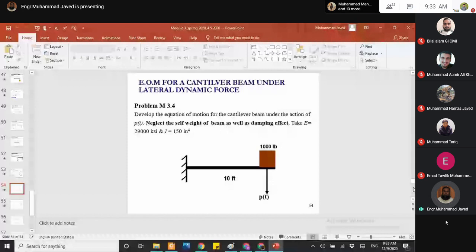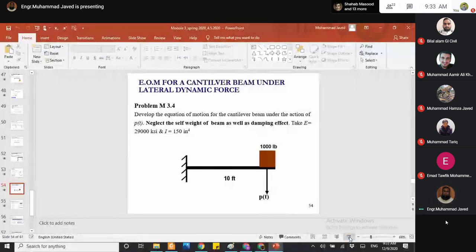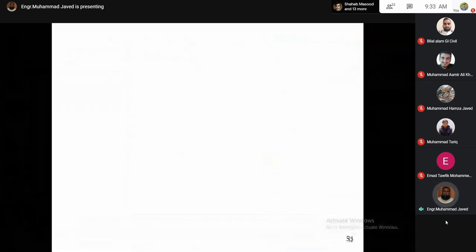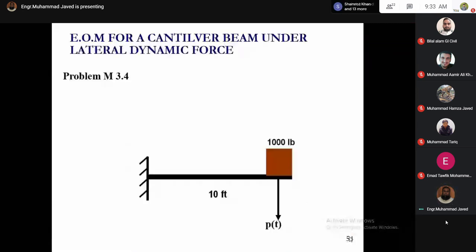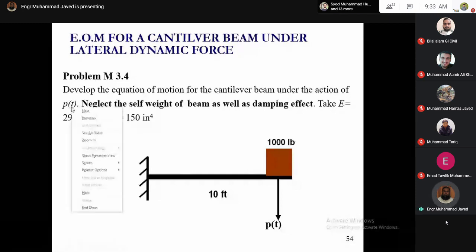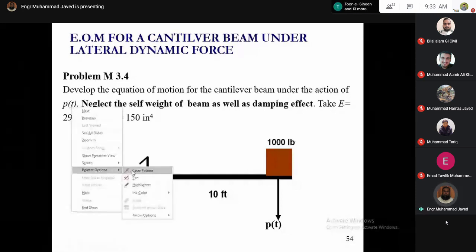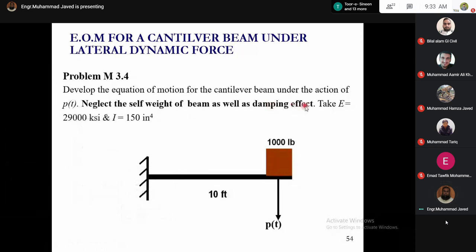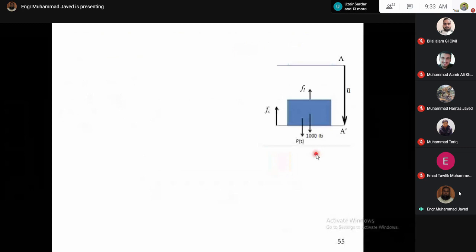So the next problem is to develop the equation of motion for the given cantilever beam under the action of dynamic force V of t. Neglect the self-weight of beam and damping effect. The problem is not very straightforward.